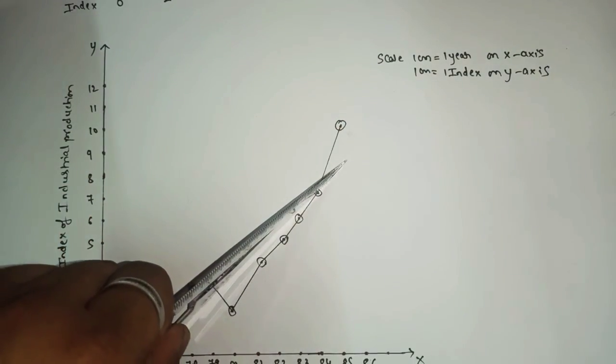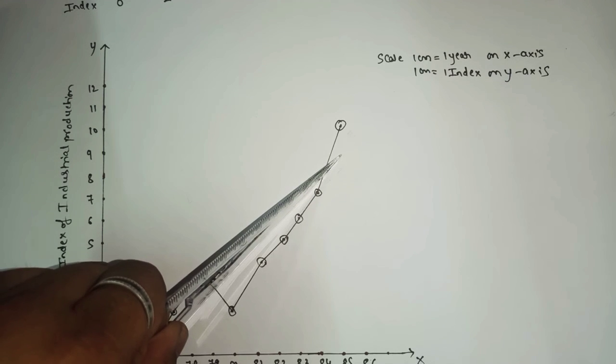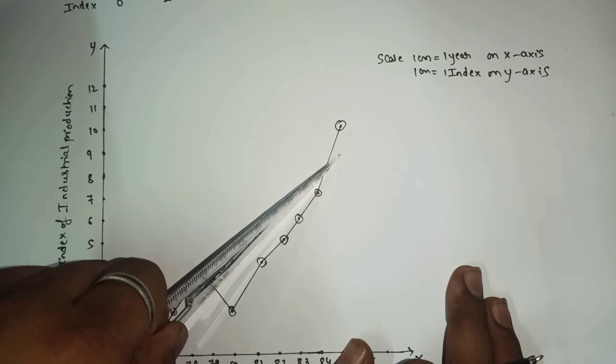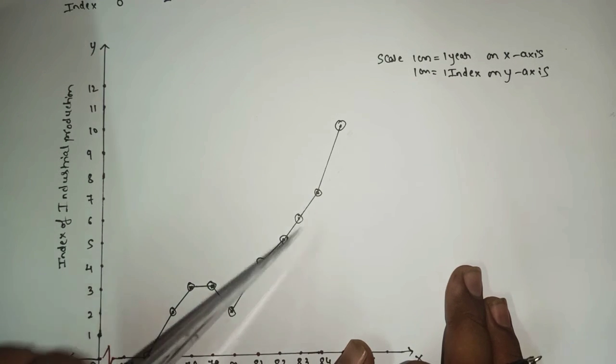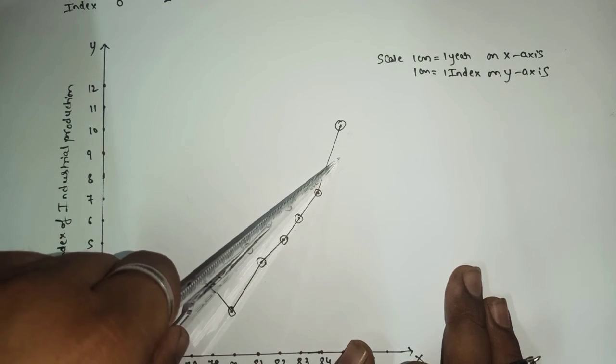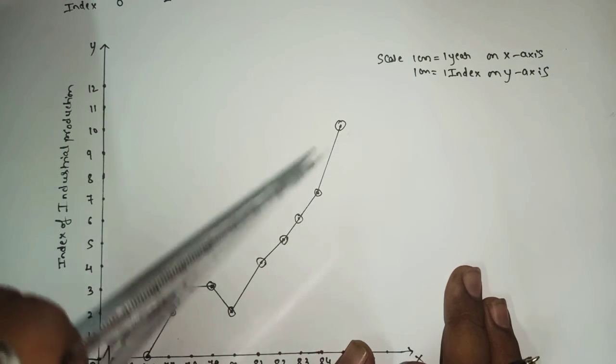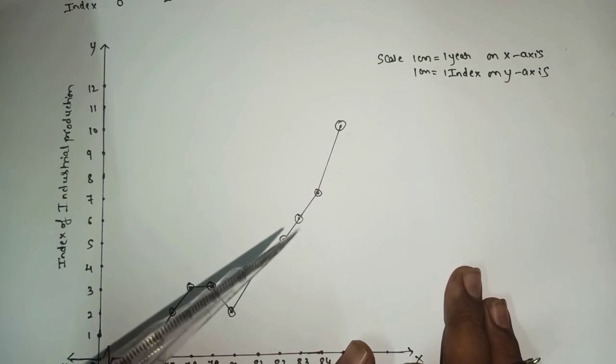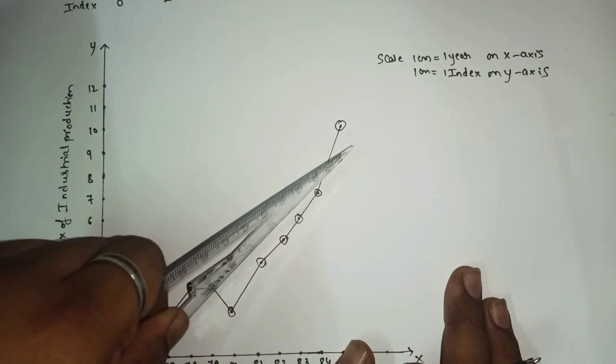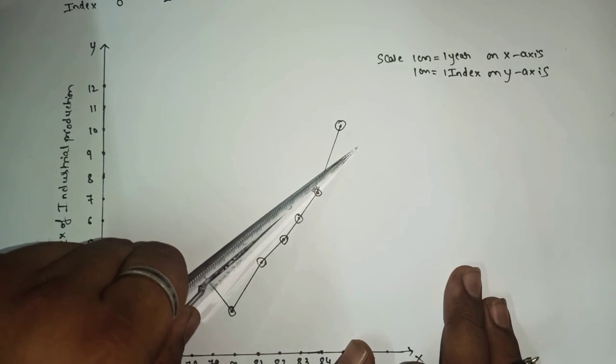What is the technique? As I had explained, draw the line in such a way that the line should pass between the points, and when you draw, you have to fix the trend line in such a way that some points should lie below and some should lie above.